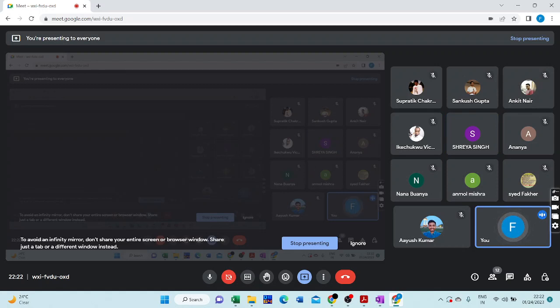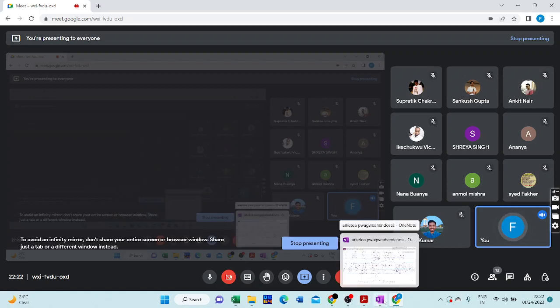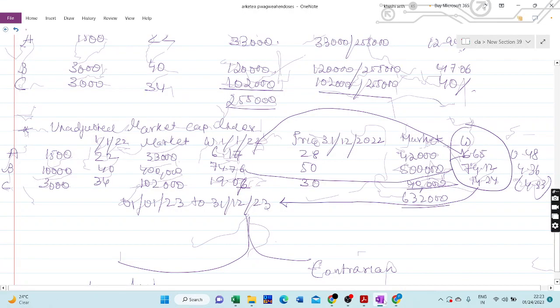Now please, the next thing, please write down examples of float adjusted market cap index. So S&P 500 is a float adjusted market cap index. Nifty 50 is a float adjusted market cap index.